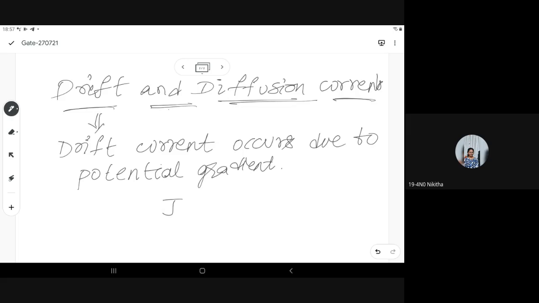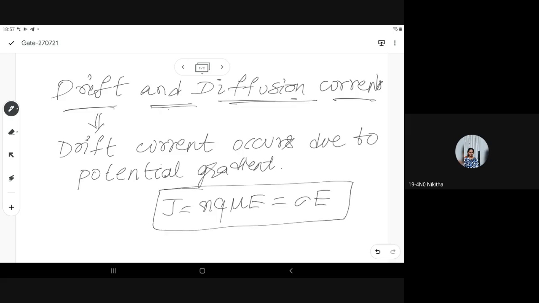This is called a drift current, and it is generally represented by the drift current density J equal to nqμE, that is, sigma into E. We have already seen how sigma equals nqμ. Is it right? Yes, sir.